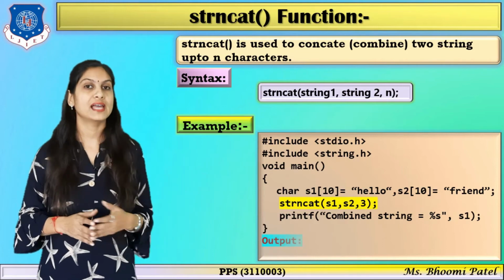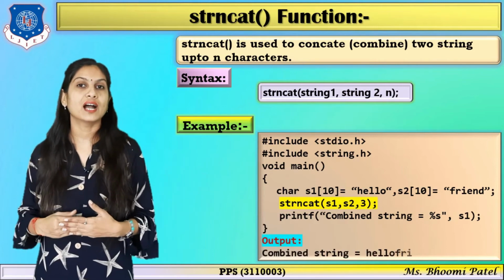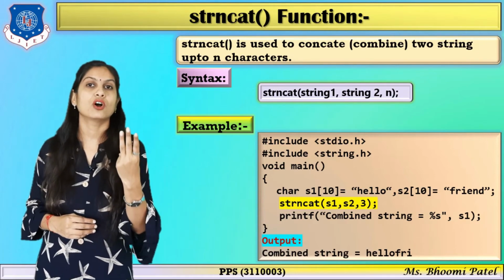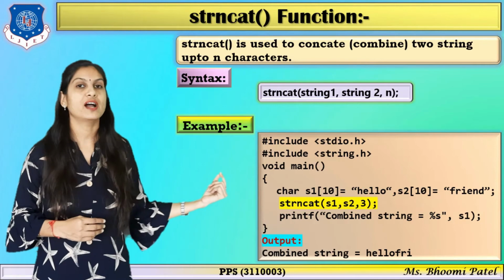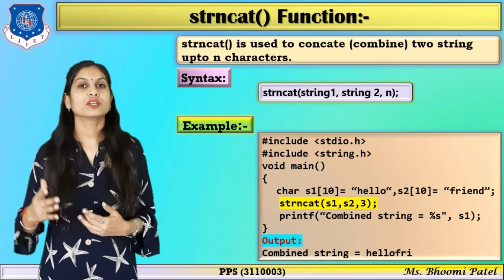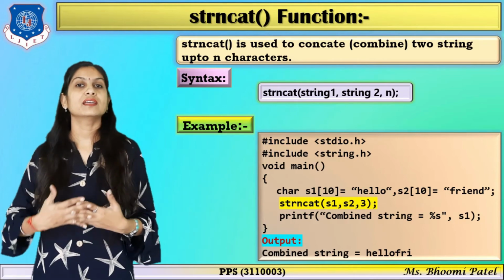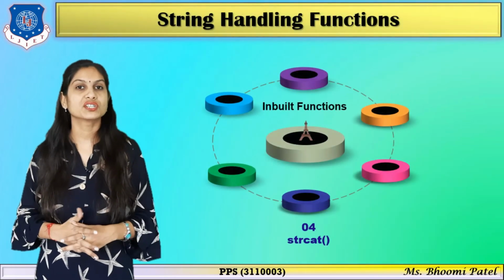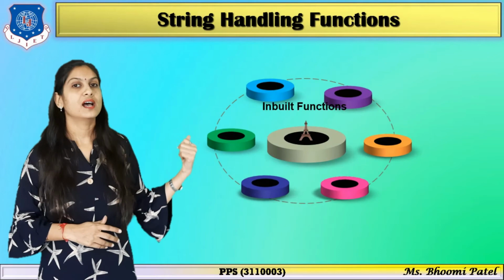So just print the s1 value and we get the output hello and only the 3 characters of s2, that is fri. Clear? So as per your requirement you can choose either strcat or strncat.